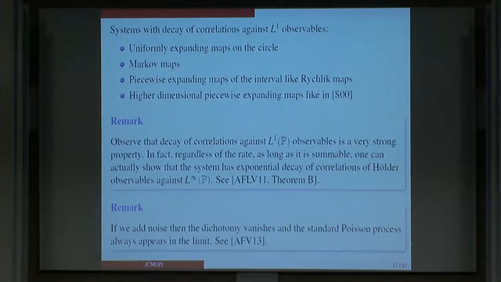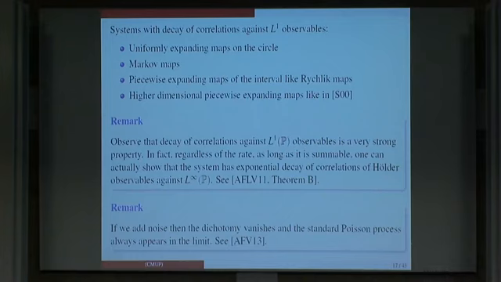Uniformly expanding maps on the circle, let's say the doubling map, for example. Markov maps. Piecewise expanding maps of the interval, like Rychlik maps. I'm just going to give an example there for Rychlik maps. And higher dimensional piecewise expanding maps, like the ones considered by Saussol in his paper in 2000.